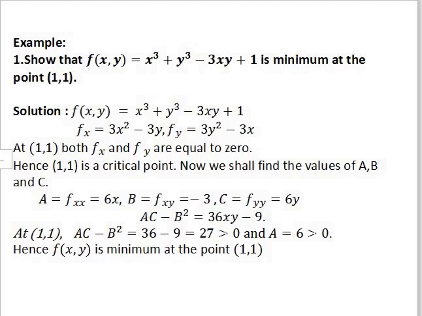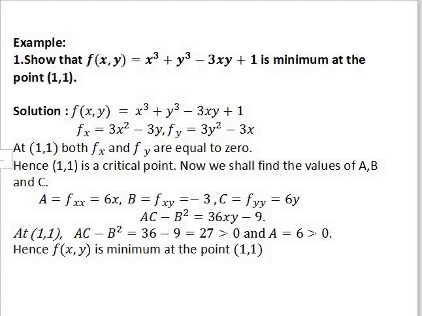Then we compute ac minus b square, that is ac, 6x into 6y, is 36xy, minus b square is minus 9. At point 1 comma 1, ac minus b square equals 36xy minus 9. Put x equal to 1, y equal to 1. So 36 minus 9 is 27, greater than 0.